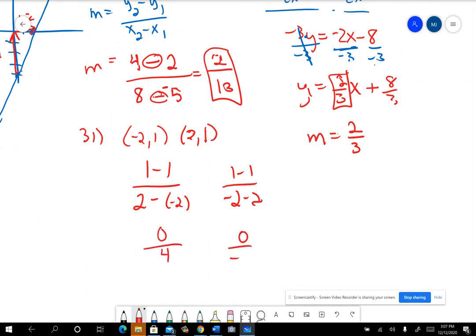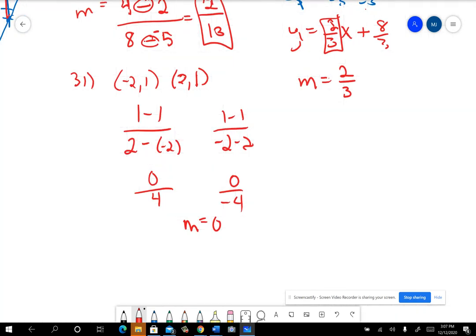You might get 0 over negative 4, you might get 0 over 4, but either way, m exists and equals 0. That's happening because the points 2, 1 and 2, negative 1 would line up horizontally. This is the actual line, and you can walk along it, so the slope would be 0. Okay, so that's talking just slope.